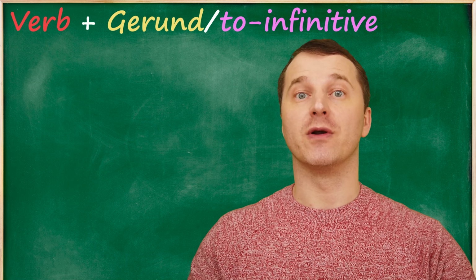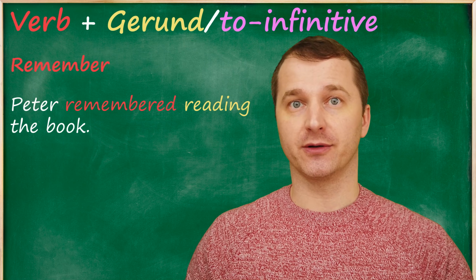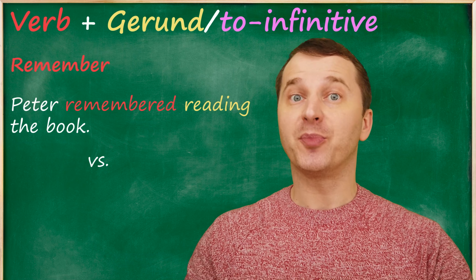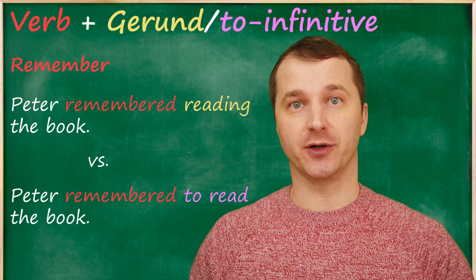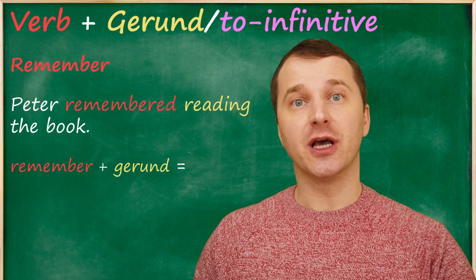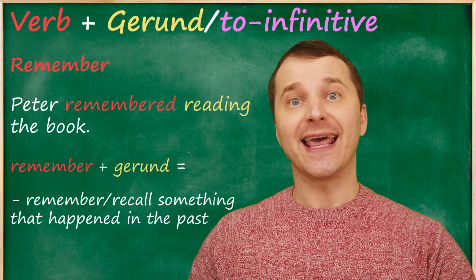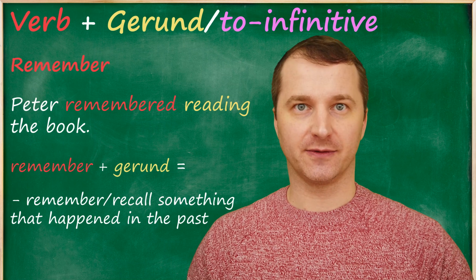Number 2, remember. Peter remembered reading the book. Versus Peter remembered to read the book. Remember plus ing looks back at the past. We look at the things that we did in the past.